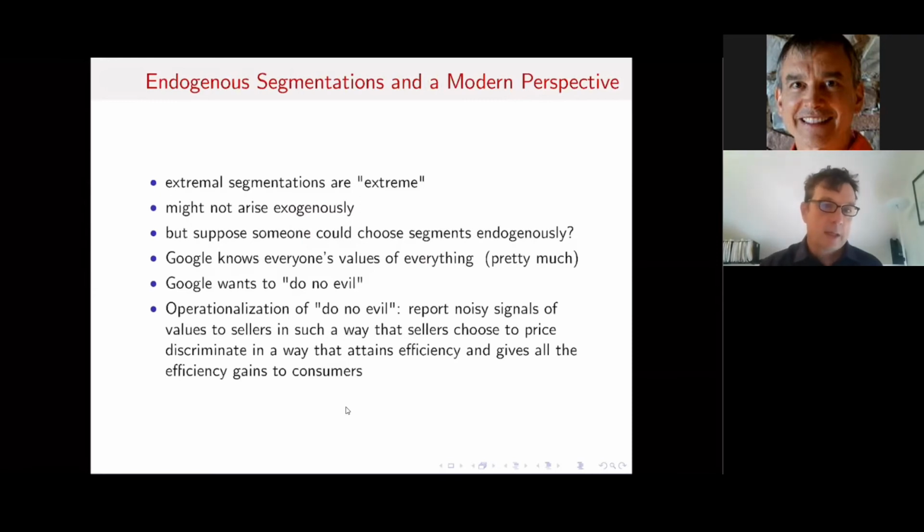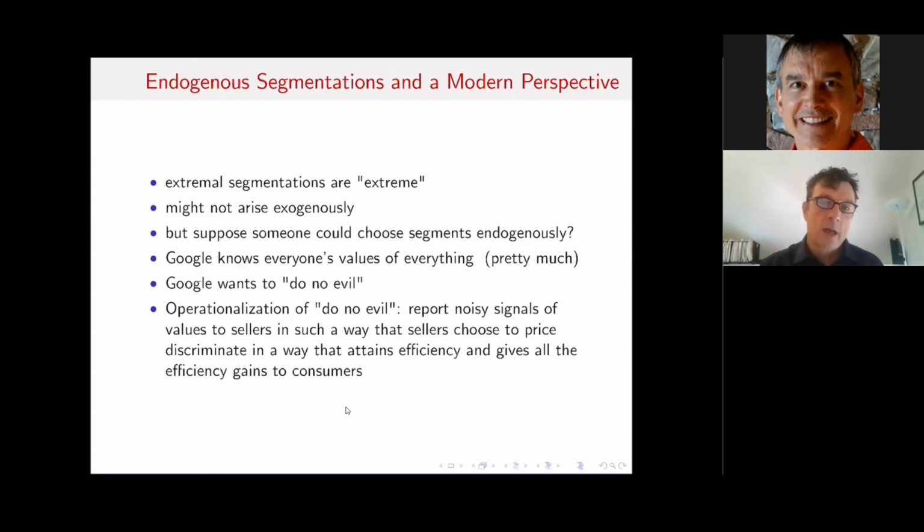The notion that I want to suggest to you is that in much of the digital economy today, these segmentations are not going to be given exogenously, but rather might be chosen endogenously. So when information is provided to advertisers on sponsored search, Google knows pretty much everything about consumers and advertisers. That is probably not a statement that's too far as an approximation.